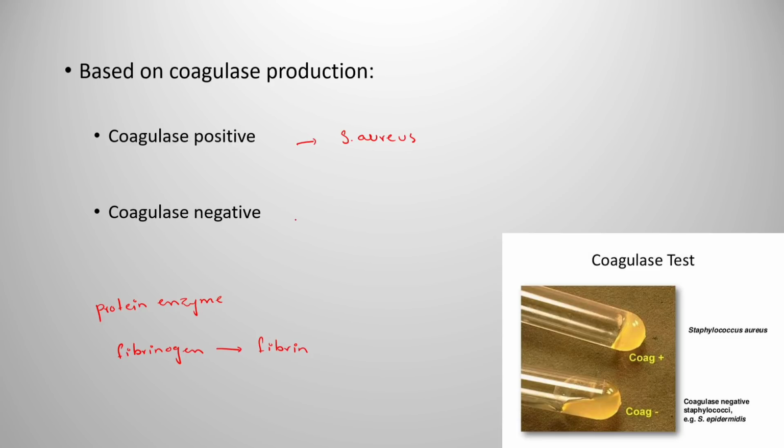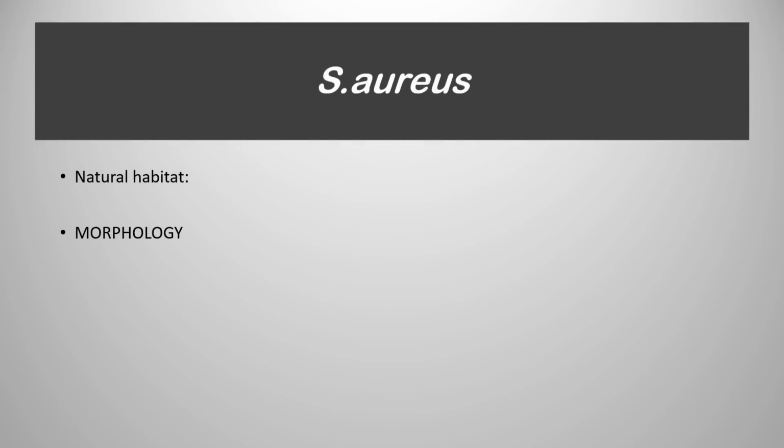Coagulase positive organisms include Staphylococcus aureus, while negative includes Staphylococcus epidermidis and Staphylococcus saprophyticus. As you can see in this picture, coagulase positive shows coagulation and aggregation in a test tube, while negative has a clear sample.